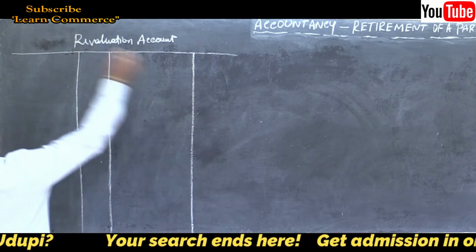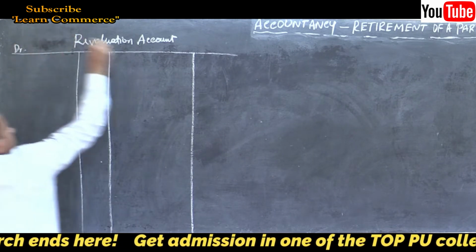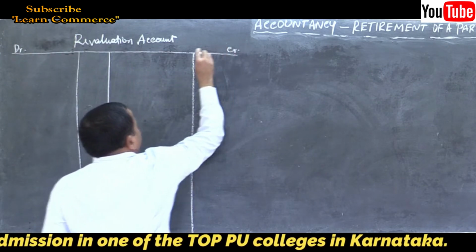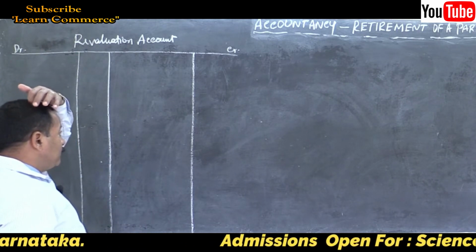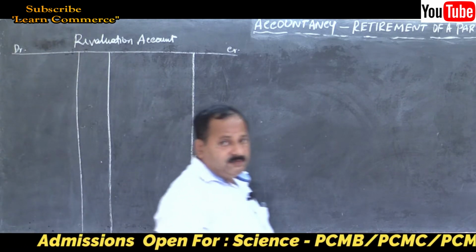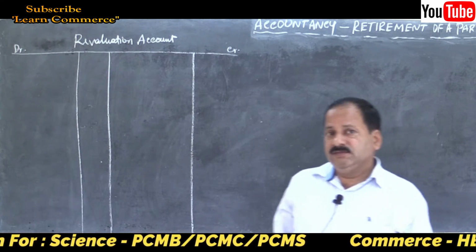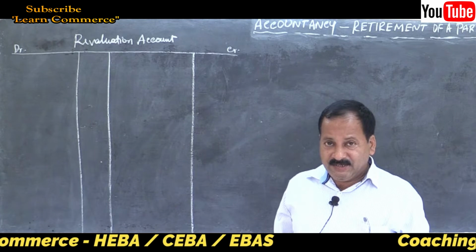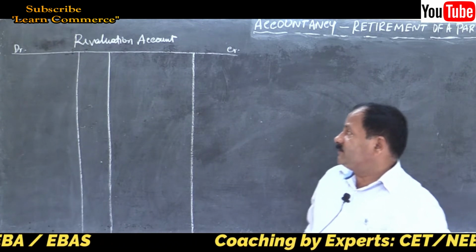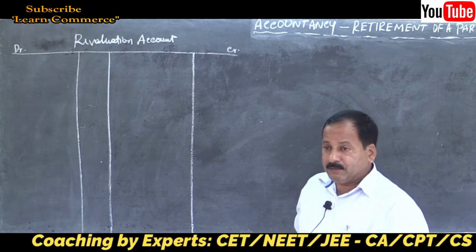Write debit, credit. It is a ledger account. Then particulars, amount in rupees. I will not write the heading here, but don't forget to write it in the exam. So practice from here itself. Particulars, amount in rupees.